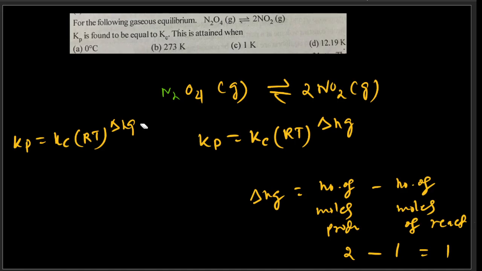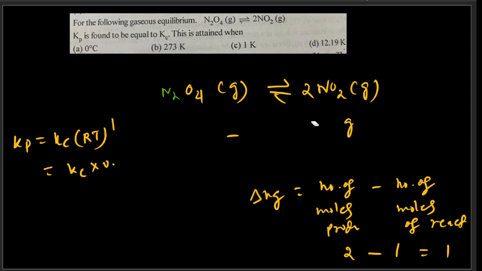So for this Δng is 1, and the Kc is... R we know, that is 0.082 atm liter mole inverse Kelvin inverse, and the temperature, we have to find at which temperature this will be equal.